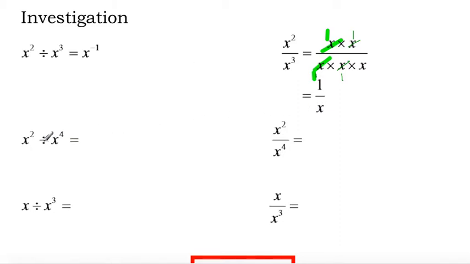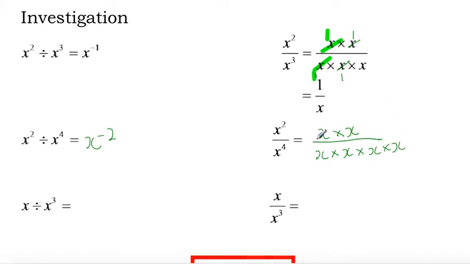Okay, so same question, but my answer looks slightly different. Let's try it again. I have x squared divided by x to the 4. So I use my division rule. I subtract the powers. 2 minus 4 is minus 2. But if I write it as a fraction, that means I have x times x in the numerator all over x times x times x times x in the denominator.